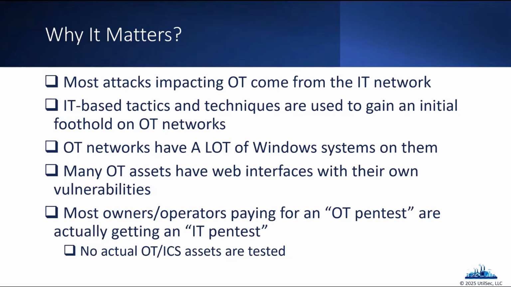But they might not ever touch a real control system like a PLC or an HMI. They're just moving from Windows machine to Windows machine, from the IT network to the OT network. And a lot of that is because we don't want them touching control systems like PLCs and HMIs that are in production, because that's where we have safety and operational availability issues.